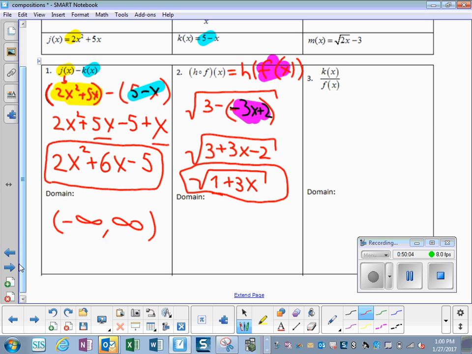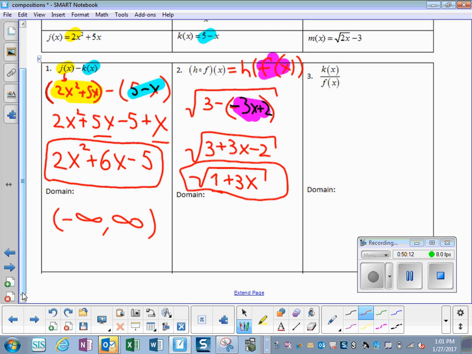So now what? Domain. Is the domain going to be all real numbers? No. Ava, what should I have? What is my restriction for this domain? Whatever is under the radical, which is 1 plus 3x, should be what? What is my requirement?